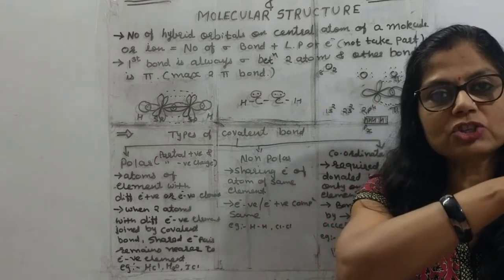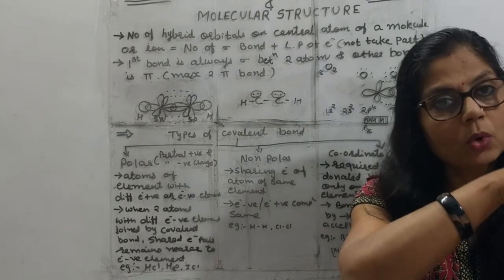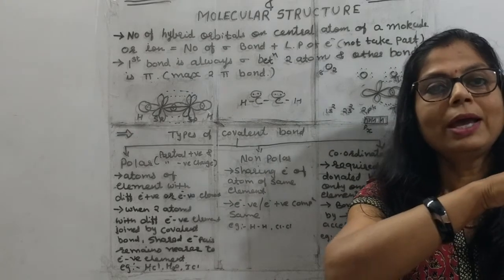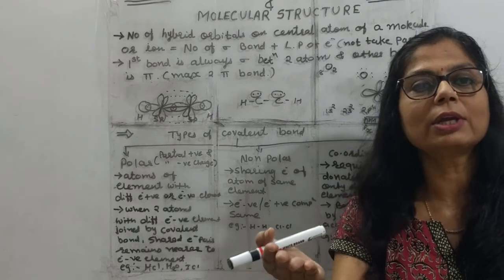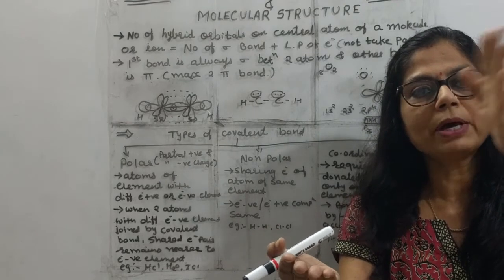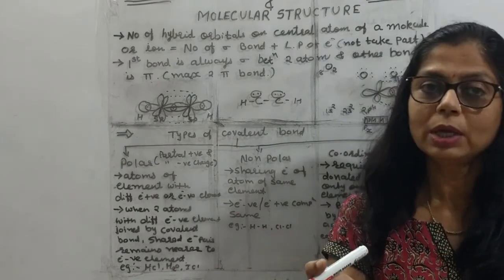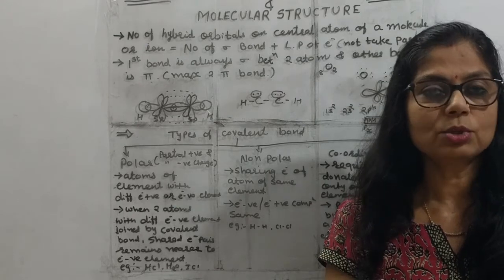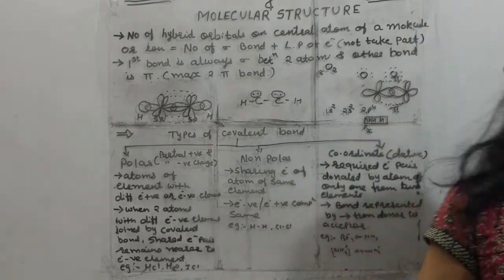We give the partial negative charge to the more electronegative atom, and to the less electronegative atom we give the partial positive charge, and that is known as the polar covalent bond.